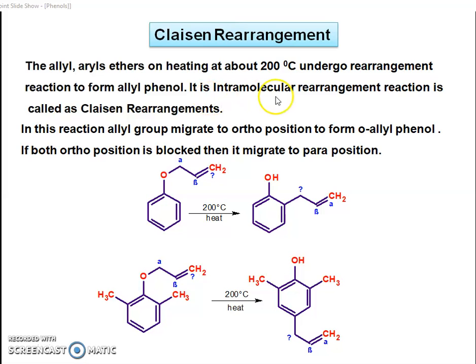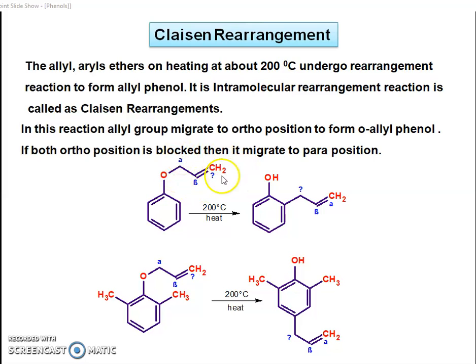It is an intramolecular rearrangement reaction which is called the Claisen rearrangement. So in the Claisen rearrangement, allyl aryl ether is heated at 200 degrees centigrade and undergoes rearrangement to form allyl phenol.